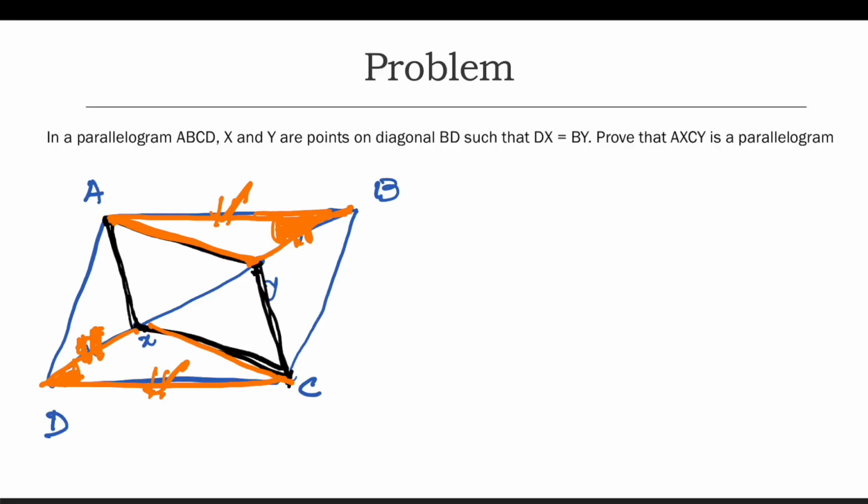So if they are congruent triangles, what will happen? They are opposite sides. So this side AY will be equal to CX, right? So the opposite sides will be equal. That's the first thing that we have proven, right? What would be another aspect in this particular case?